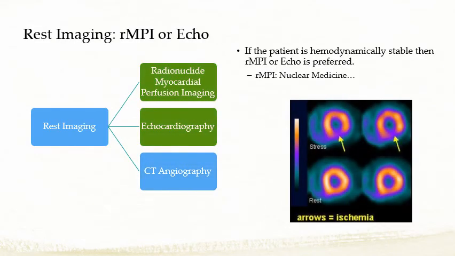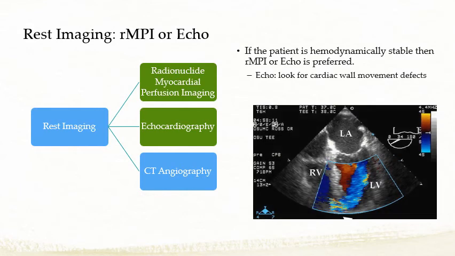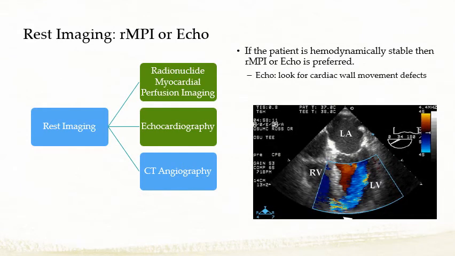If the patient is having symptoms, then the preferred methods are the nuclear medicine or the echocardiogram, but the patient has to be hemodynamically stable for that. Okay? If they are, then RMPI or echo is preferred. For an echo, it just looks at the cardiac wall for movement defects, right?